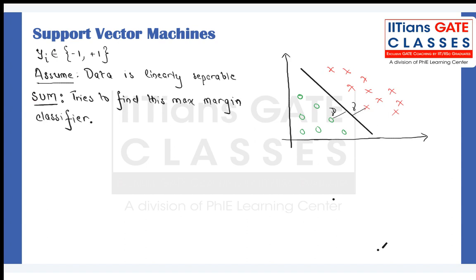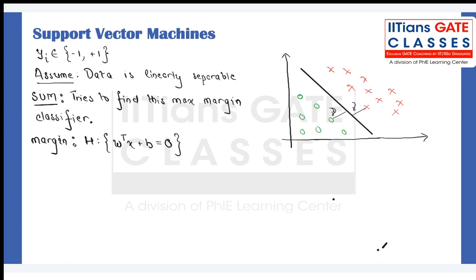It tries to find this maximum margin classifier, and thereby the margin. Whatever point falls on the hyperplane, the equation of it is W transpose X plus B is equal to 0.